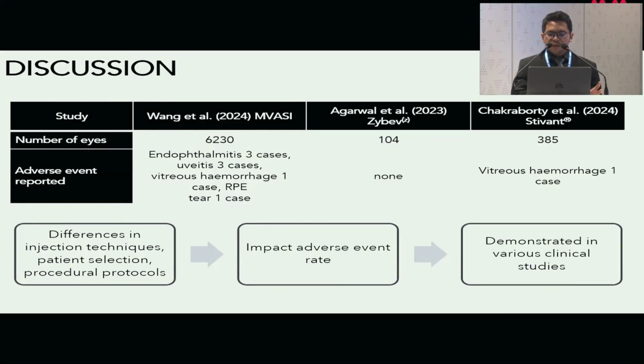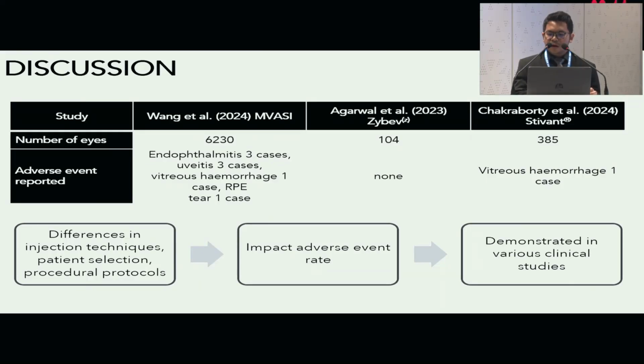There are also other studies that have evaluated the safety profile of bevacizumab biosimilars under different brands. One study from Wang et al. reported cases of endophthalmitis, uveitis, vitreous hemorrhage, and RPE tear in 6,230 eyes given MVASI.